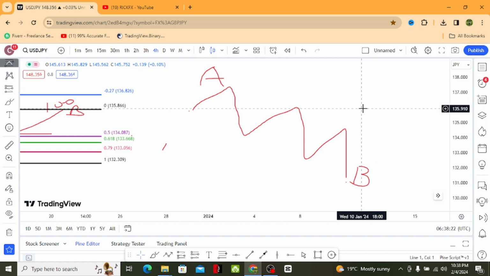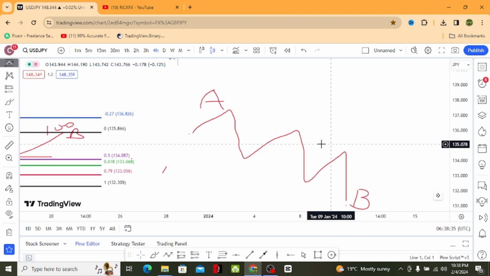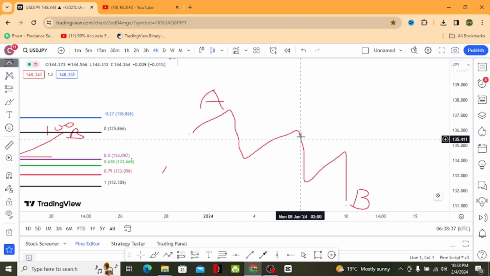If you watch my previous video, I explained market structure. Whenever price is forming a series of lower highs and lower lows, then we are in a downtrend. So now, if this is our point A, we want to capitalize on continuation of the trend.